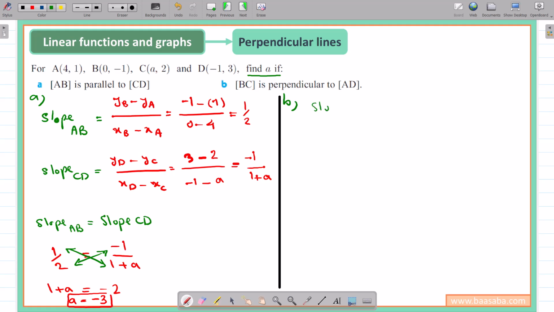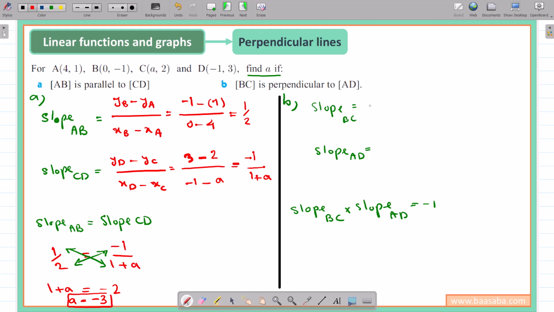So the slope of BC times the slope of AD should be -1, because these two lines are perpendicular.